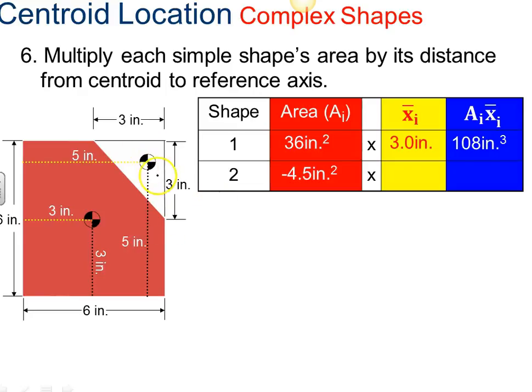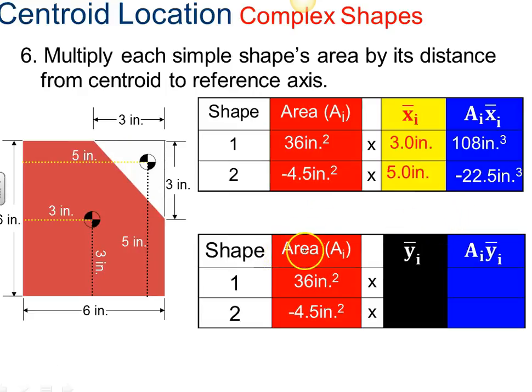For shape number 2, our triangle, we've got negative 4.5 square inches times 5 inches, which is this line. That's going to give us negative 22.5 cubic inches. Do the same for the Y, 36 and negative 4.5. We've got 3 inches for the Y and 5 inches for the Y on the triangle, and you get 108 and negative 22.5 again.